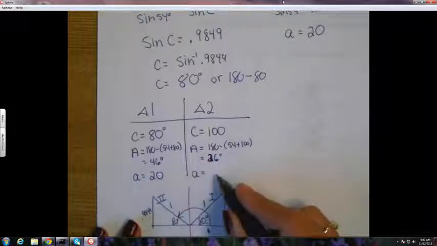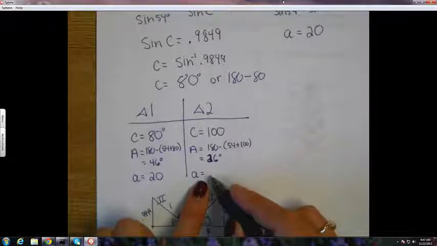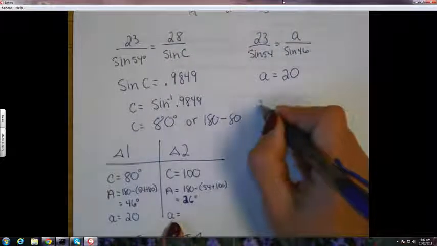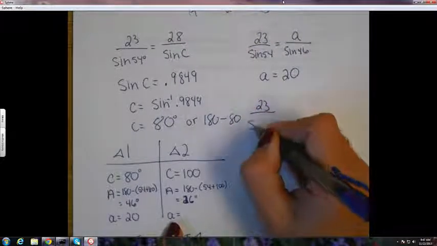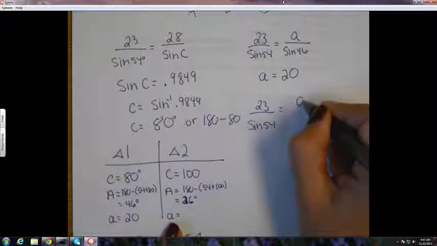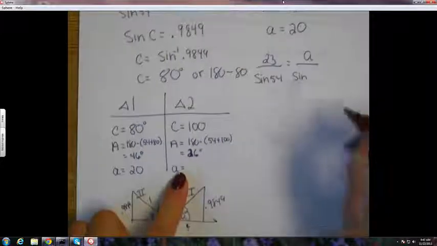I have a second triangle because I've got the 2 angles here. So I'm going to find little a in this triangle that's across from the 26 degree angle. So 23 over sine of 54, I'm going to stick with that ratio, equals little a over sine of 26 this time.